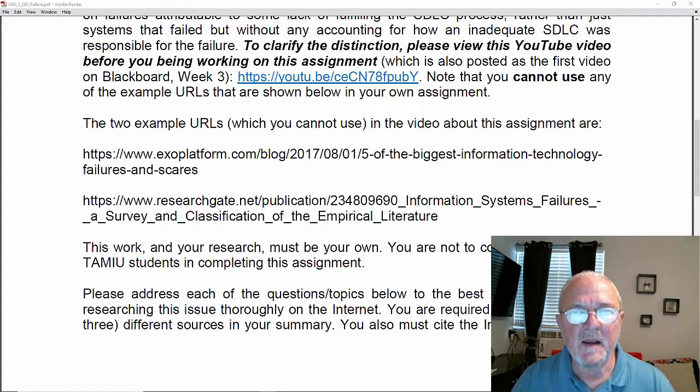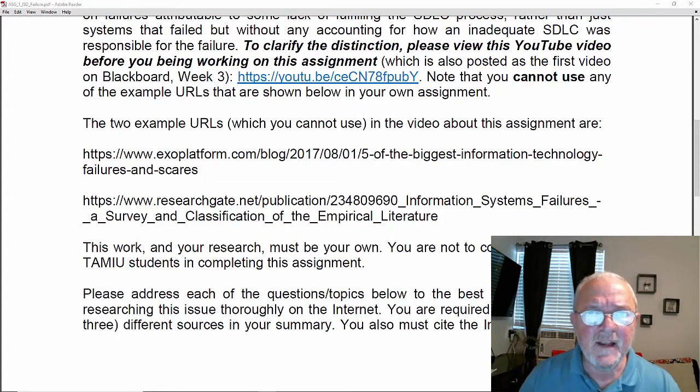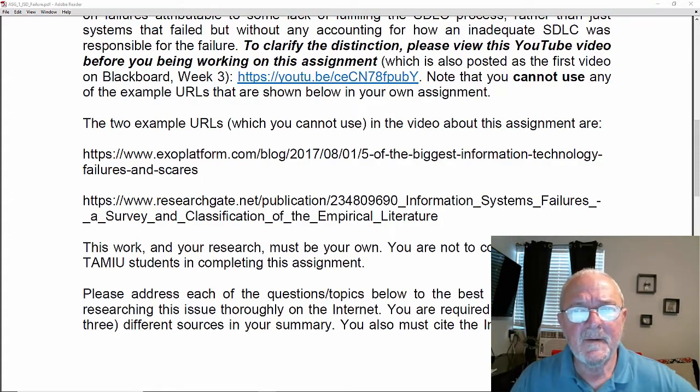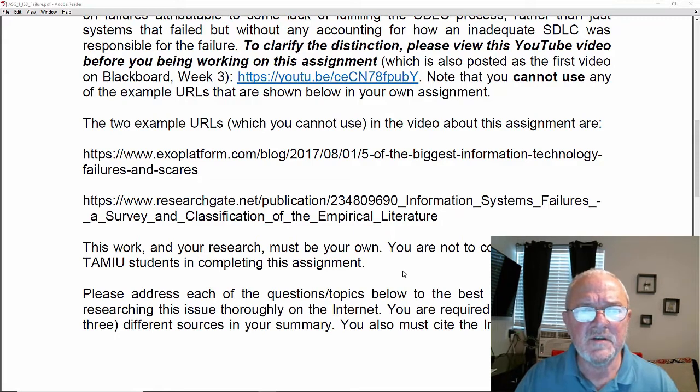Your first assignment exercise is to do some internet research about the causes of information systems development project failures tied to specific phases of the information systems life cycle, that is the systems development life cycle, SDLC. So what do I mean about appropriate cases and examples and inappropriate?